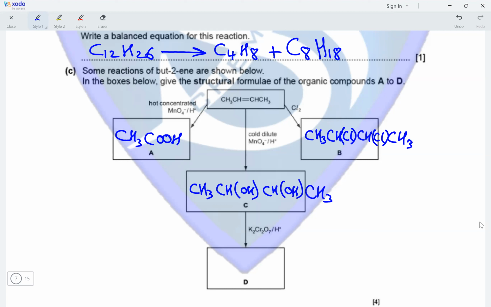And since both the alcohol groups are secondary alcohol groups, they will be oxidized into ketones. So this would become CH3, C double bond O, C double bond O, and then CH3. So two ketone groups will form from two secondary alcohol groups of compound C, forming compound D.